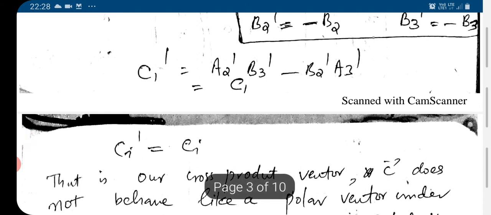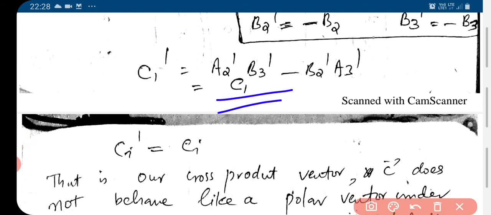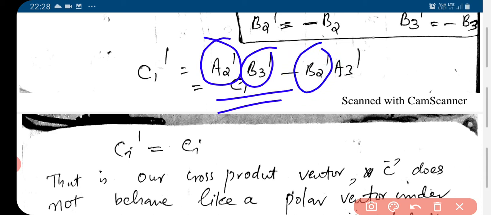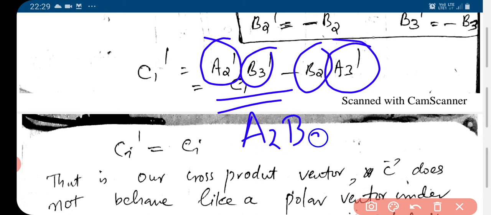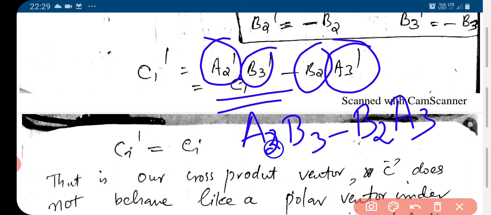If we substitute for A2 prime, which is minus A2, for B3 prime, which is minus B3, for B2 prime, which is minus B2, and for A3 prime, which is minus A3, what we get is A2 B3 minus B2 A3. Okay, so this is what we get, and it is the same as C1.